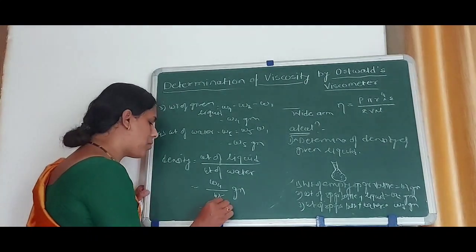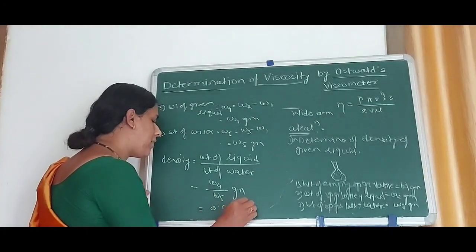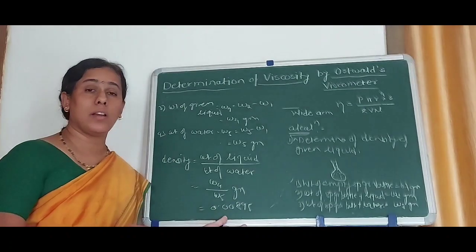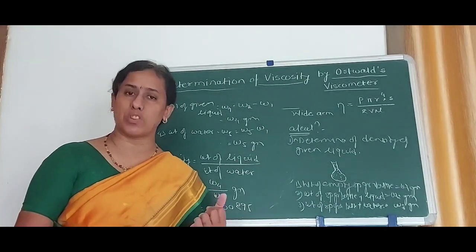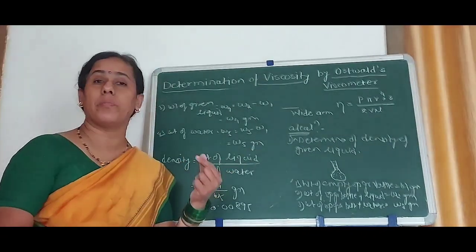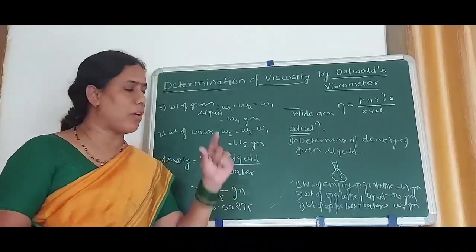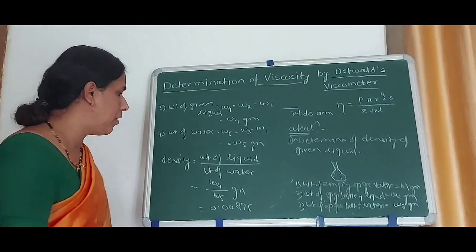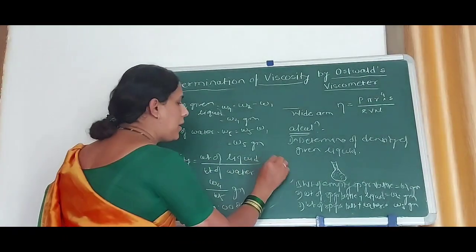Suppose this density is equal to 0.00895. Now, after getting the density, you have to use your viscometer and find out the time required from mark A to B, that is the flow rate of the liquid. Suppose this is equal to T.